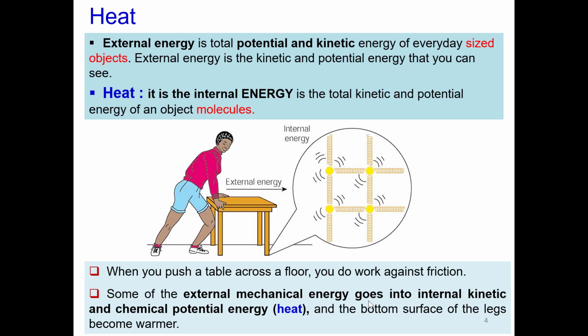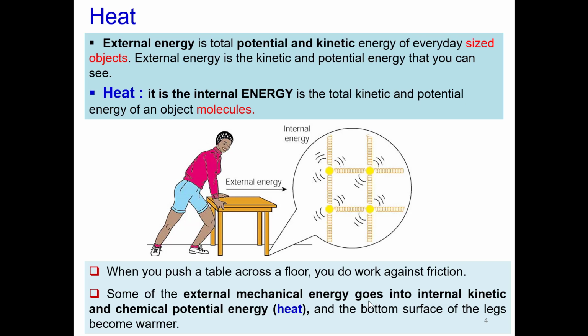Now let's define heat. First, let's think about this situation. We are pushing a table across the floor, and what we are doing is working against friction. When we are doing work on the table, we are providing energy to the table. And what kind of energy? The work we are doing, into what kind of energy is it converted?